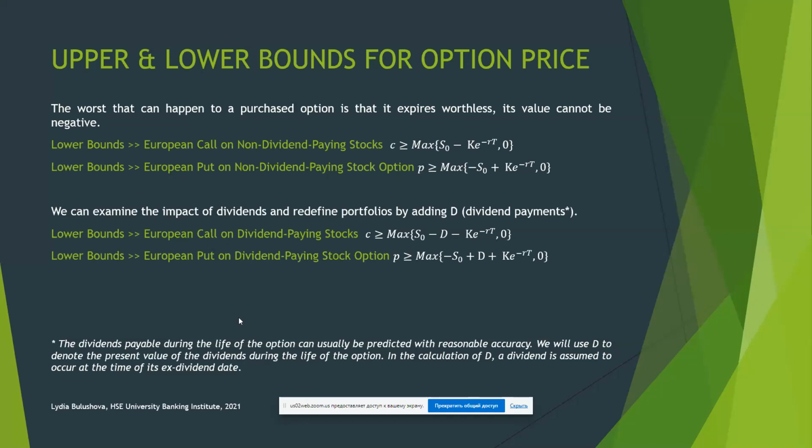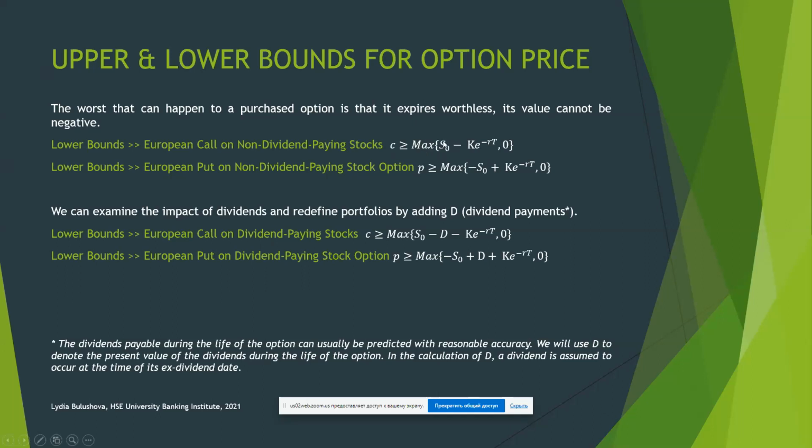So on the left-hand side, we have a premium. The worst thing that can happen to a purchased option is that this option expires worthless. Or it can generate profit.